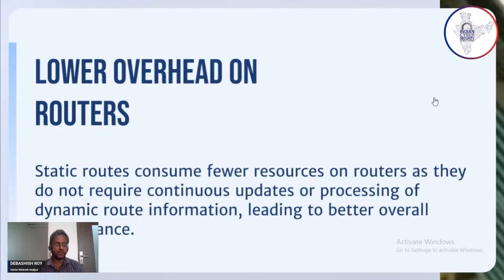In the case of dynamic routing, it has to process, but in static routing, no. Static routes consume fewer resources, fewer CPU cycles on the routers, as they do not require continuous updates or processing of dynamic route information. Like in dynamic routing, say OSPF or BGP, you have automatic updates. So whenever some interface or network is added, that update is automatically sent, and that also takes some CPU utilization. That is why static routing leads to better overall performance.